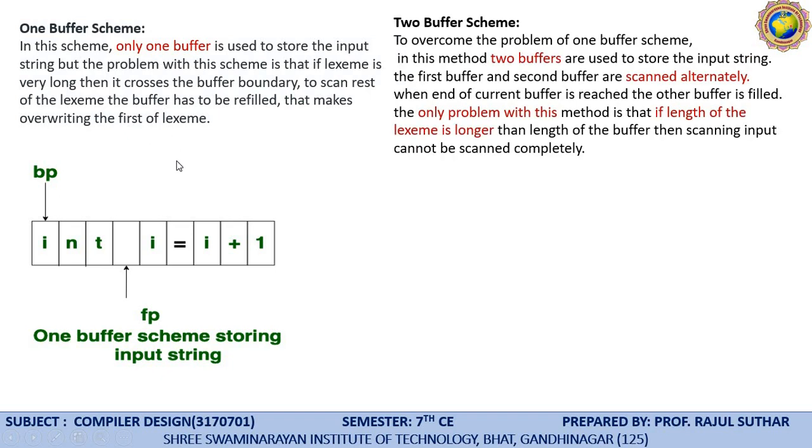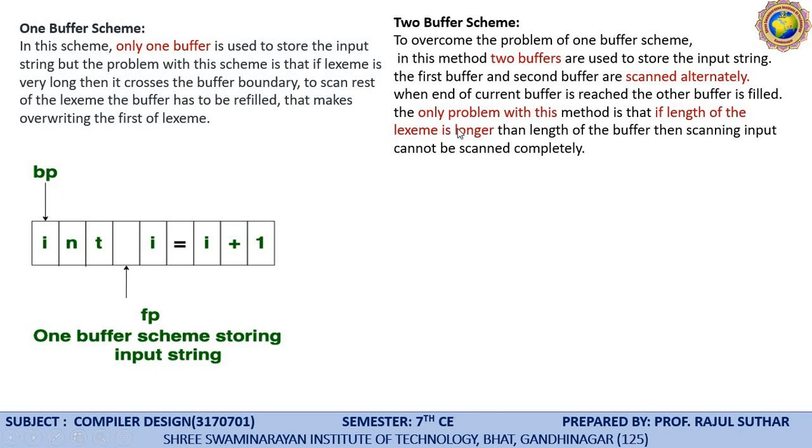Then why do we require the two buffer scheme? To overcome the problem of the one buffer scheme, in this method two buffers are used to store the input stream. The first buffer and second buffer are scanned alternatively. When the end of the current buffer is reached, the other buffer is filled.